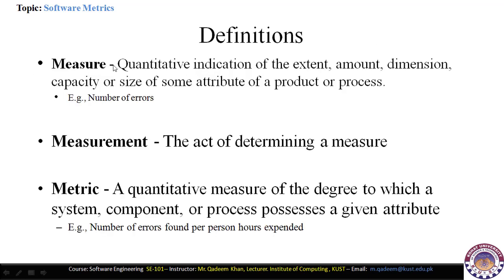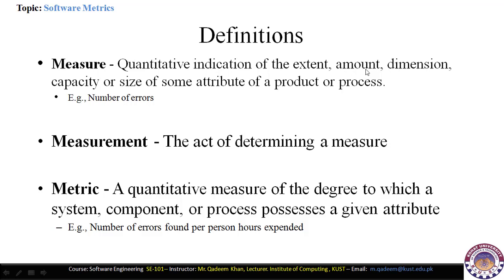Now, what is the definition of measurement? It is a quantitative indication of the extent, the amount, the dimension, capacity, or size of the attributes of a product or process. So metrics or measurement is not a subjective indication, it is a quantitative indication of a particular task, and it also shows the amount.